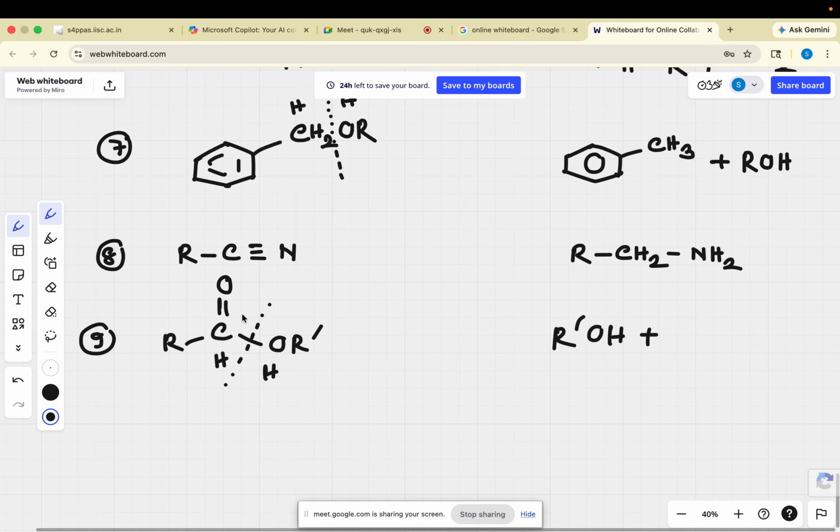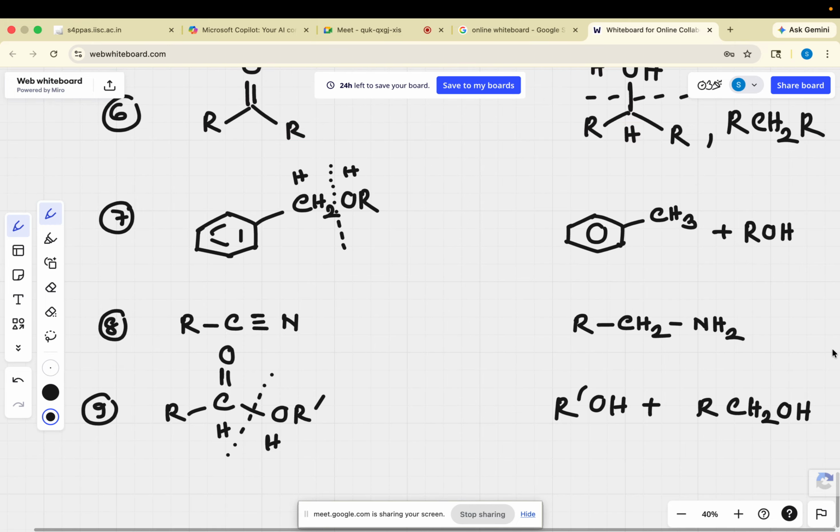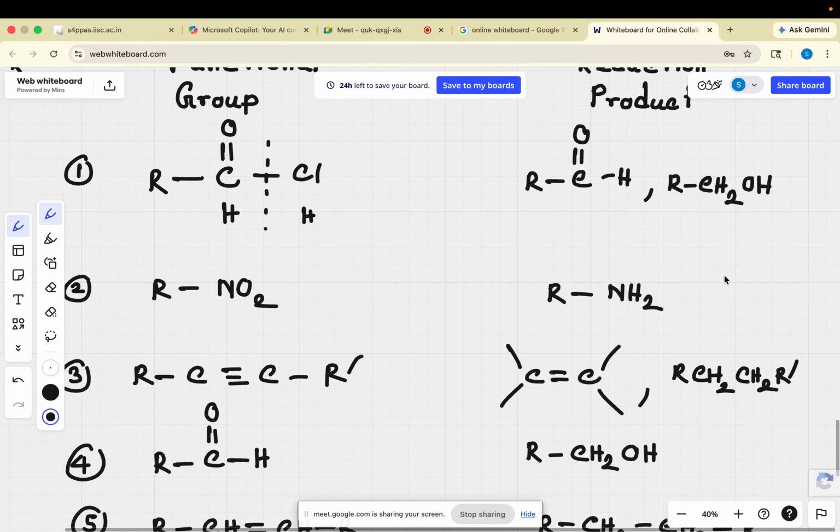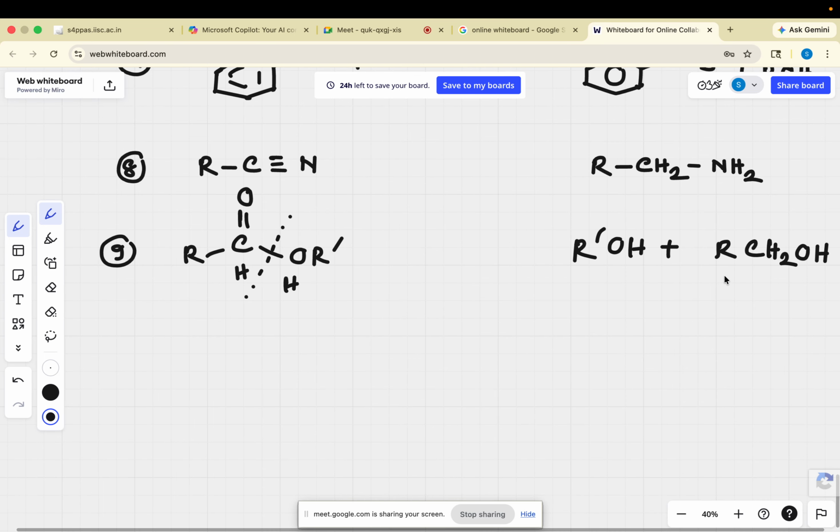Now the aldehyde will not stop, the ester will not stop at aldehyde. It will do further reduction, and ultimately you will get alcohol. I already showed you that you get aldehyde, but after some time you get alcohol. The same thing will happen here also. Initially you are getting aldehyde, but if you do hydrogenation, ultimately you will get alcohol compounds.